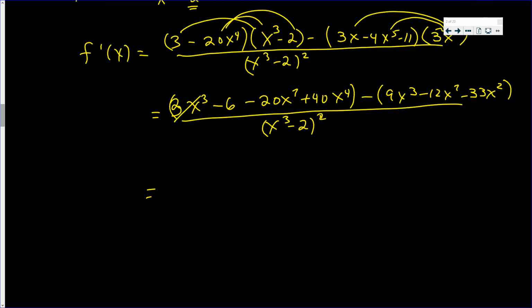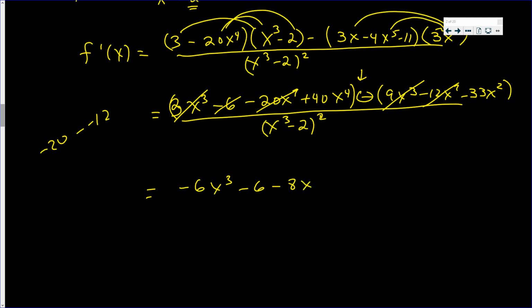So we have 3x cubed, and we are taking away 9x cubed. We have negative 6x cubed. We just have minus 6, and that's it. Then you have negative 20x to the 7th, so negative 20 minus negative 12. That's our negative 8.